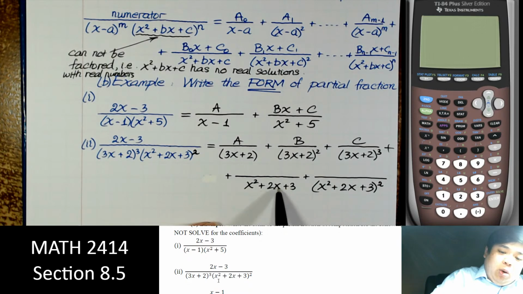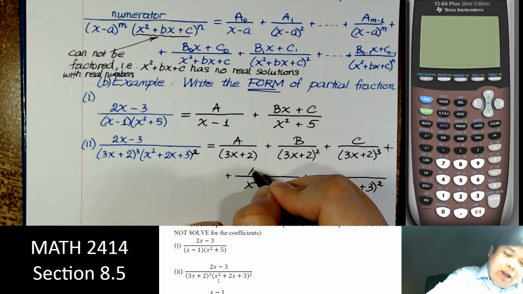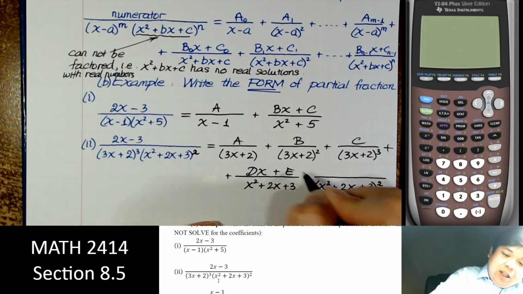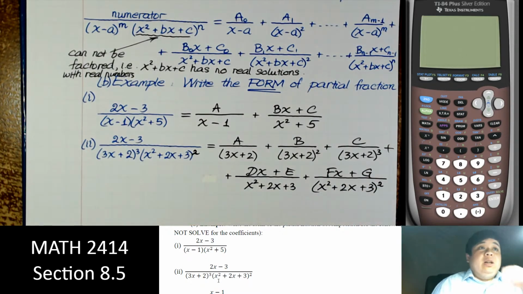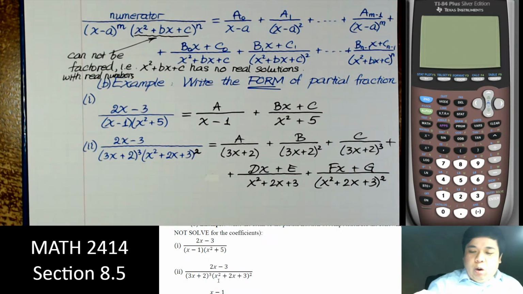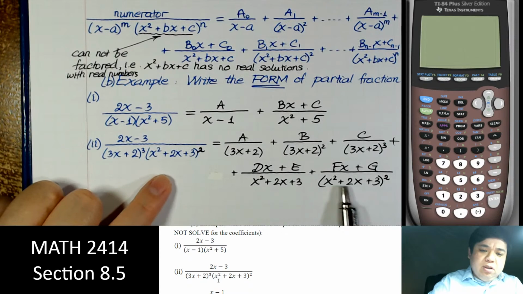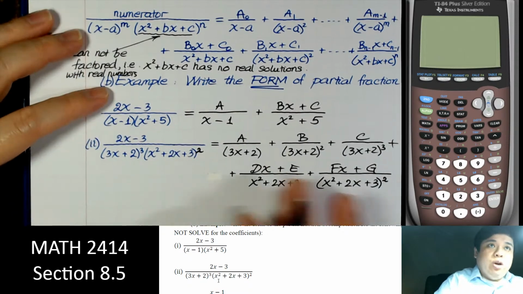Right, quadratic, so the top will have to be linear. So A, B, C, D, E, F, G. So that is the form of quadratic terms and linear terms all together.